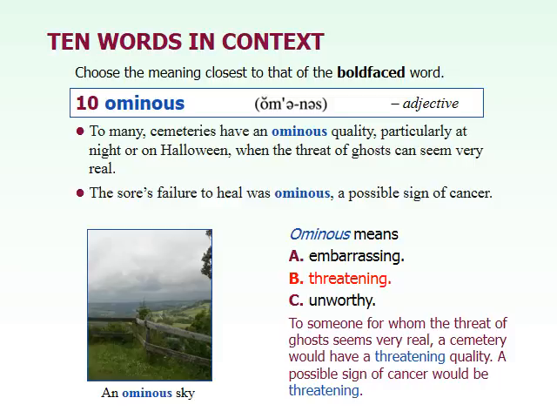So because it's not getting better, that's a bad sign that maybe it might be cancer if it's not healing normally. Okay, so ominous means it's something that is happening right now that is predicting something bad to happen later on in the future.